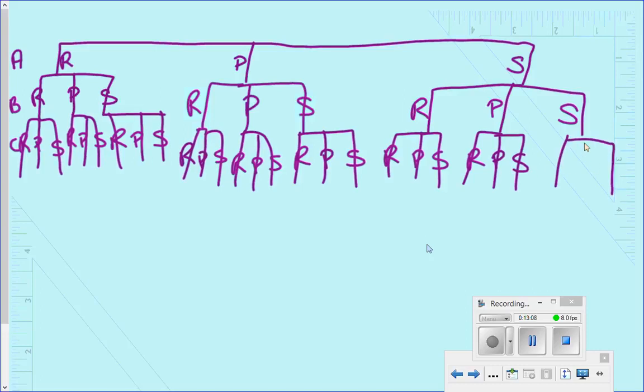And one last set of branches, rock, paper, and scissors. Okay, so there's our diagram.